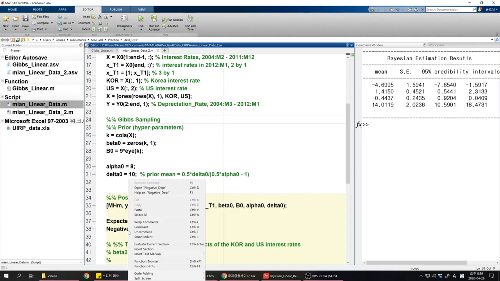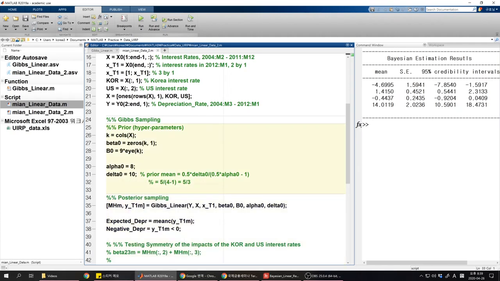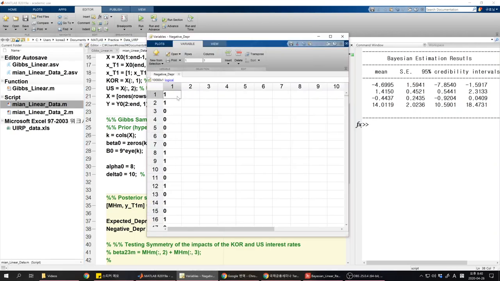Here, let me show you this value of negative depreciation rate. See, 1 or 0, right? If 1, it means negative. 0 means positive. So we just need to count the number of ones here. How?